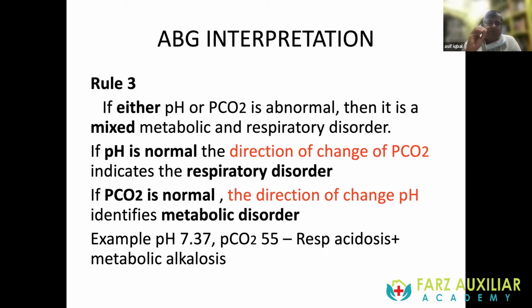I have made it very simple: if pH or PaCO2, any one, is abnormal, suppose pH is normal but your PaCO2 is abnormal, then it is not a simple disease. It is a mixed disease, mixed metabolic and respiratory.